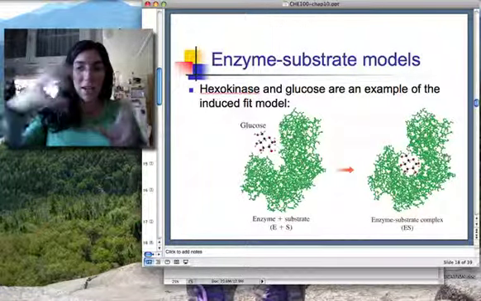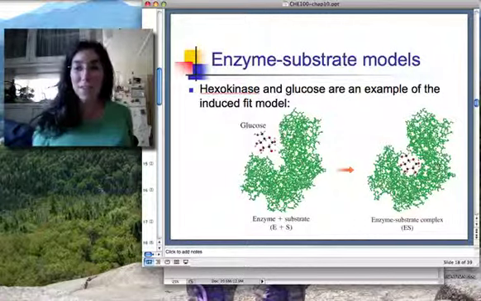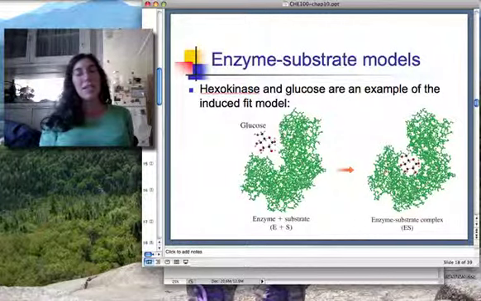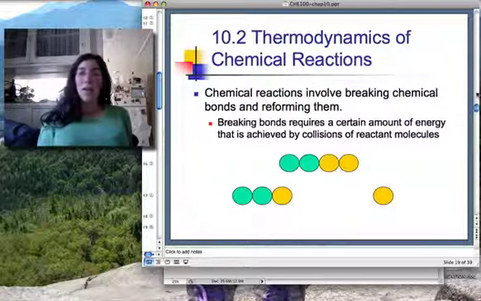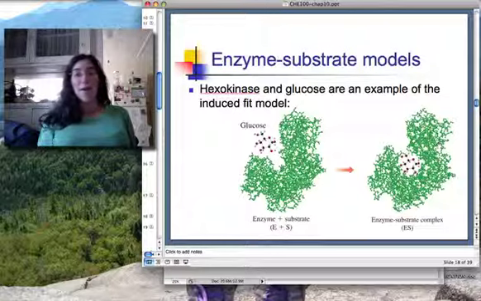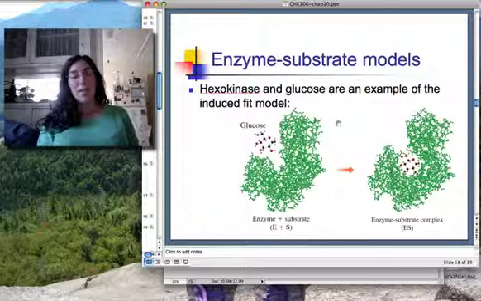It gives the glucose a hug, so it does fold up a little bit. It is an induced fit. It's not a drastic change, but it does change its shape slightly when it binds to the substrate. So that's a little bit about enzymes and their substrates and some terminology.